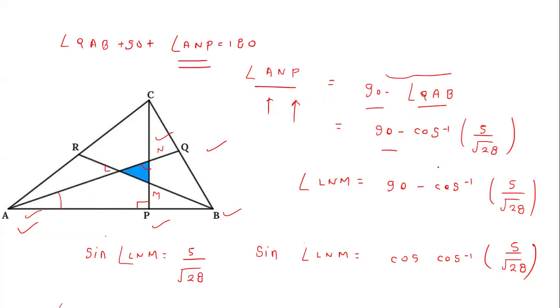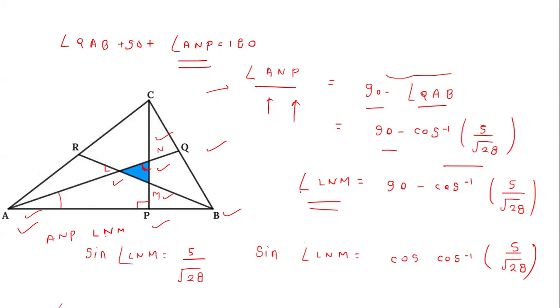So 90 minus angle QAB, we know cos inverse of this, and angle ANP is the same as the angle LNM, because this N angle is the same in both triangles, in the triangle ANP and in the triangle LNM. So we can also write this angle ANP is the same as angle LNM.